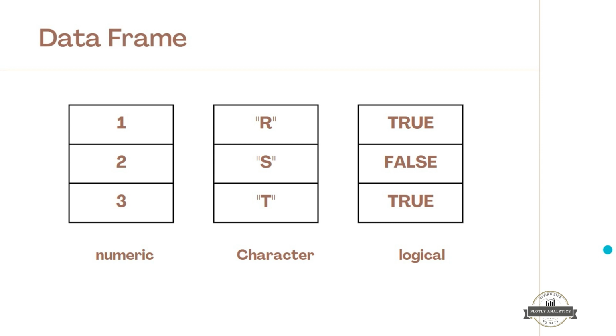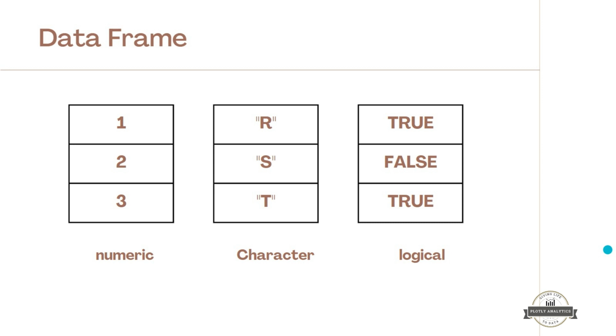A data frame groups vectors together into a two-dimensional table. Remember two things. Each vector becomes a column in the table, so each column in the data frame can contain a different type of data. As you can see in the figure, one vector can contain numeric, one character, another logical. So it can accommodate different types of data, as we have seen in the list.